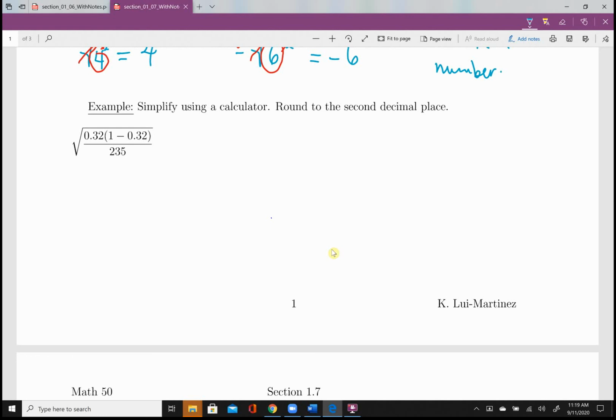So if I am doing this, I am taking 0.32. Now I'm doing this on my phone calculator, which is terrible. You shouldn't do it this way. Here we go. And then I'm multiplying it by, and I'm using some parentheses, 1 minus 0.32, and close the parentheses. Okay, and then we divide that by, ooh, I didn't say to do anything. Okay, so anyway, hold up.